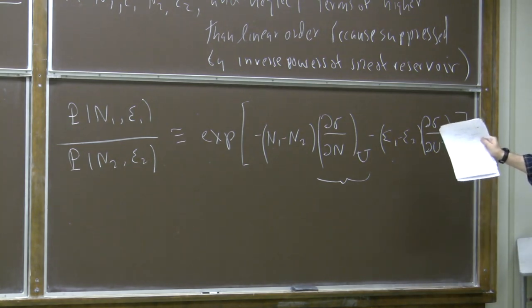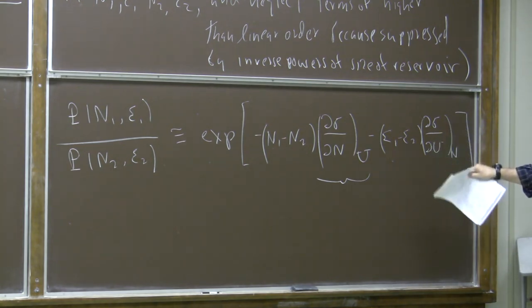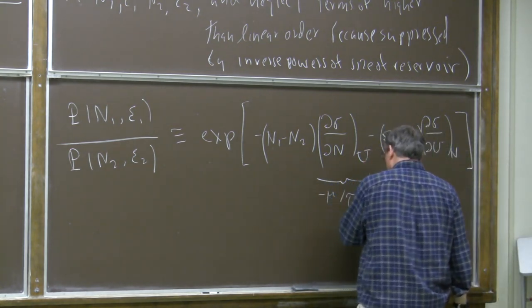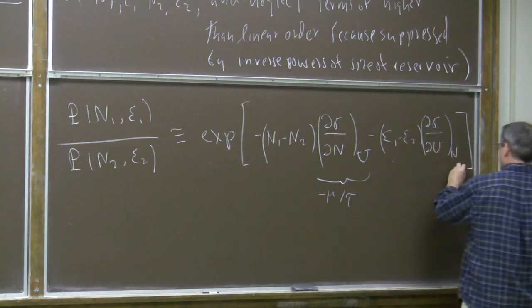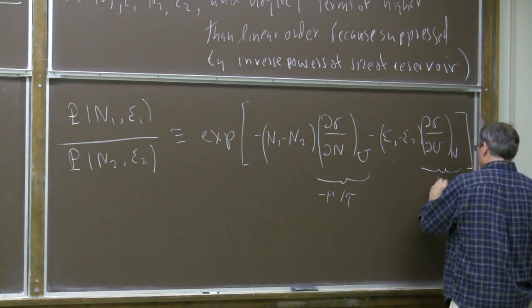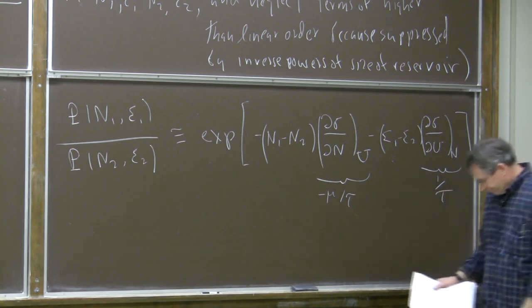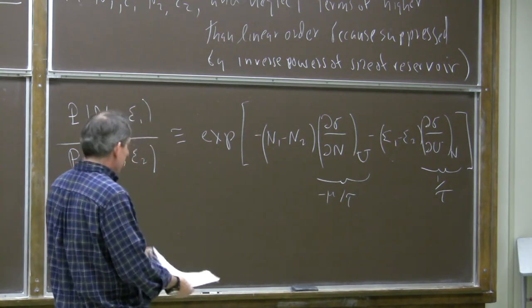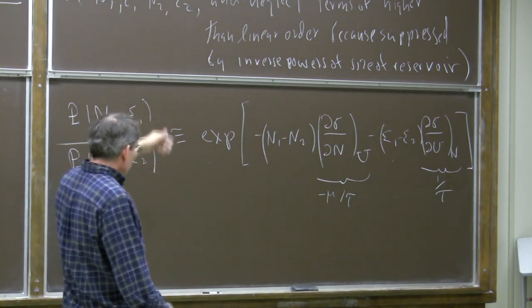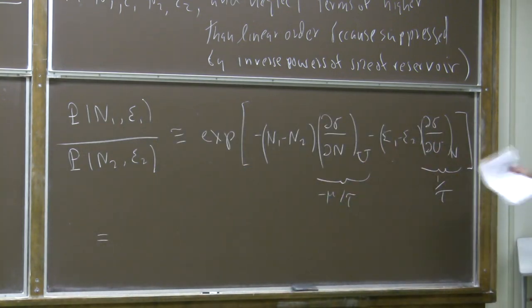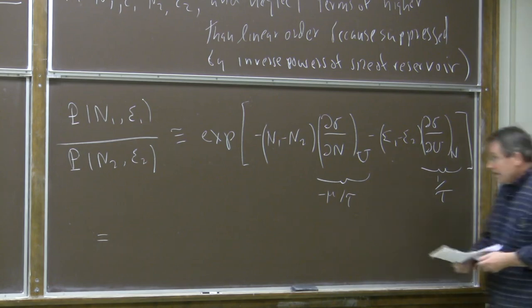But the derivative of entropy with respect to particle number with energy fixed is minus chemical potential divided by temperature. And the derivative of the entropy of the reservoir with respect to the energy is 1 over temperature. So I can write this, and now I'll write it as a ratio again with the terms involving N1 and epsilon 1 in the numerator, and the terms involving N2 and epsilon 2 in the denominator.